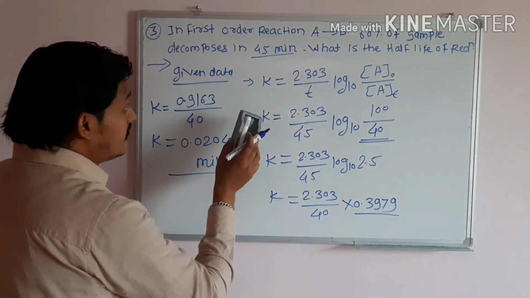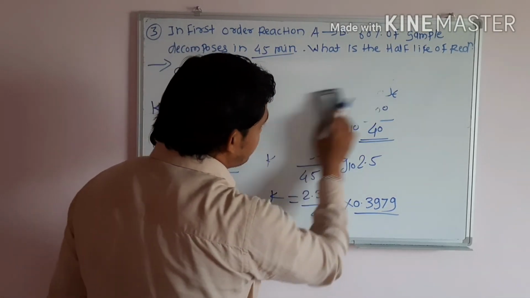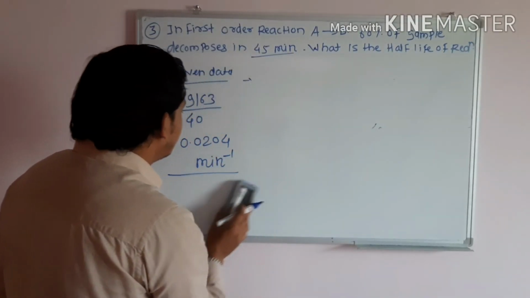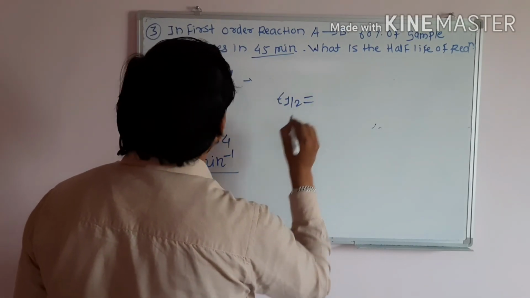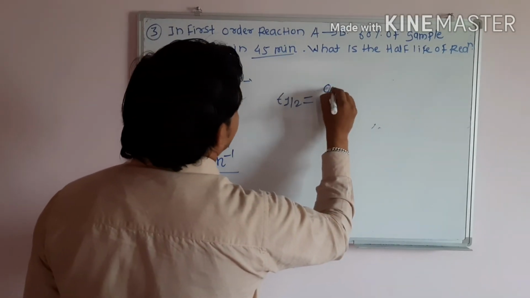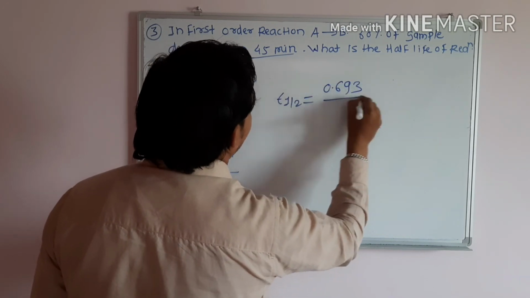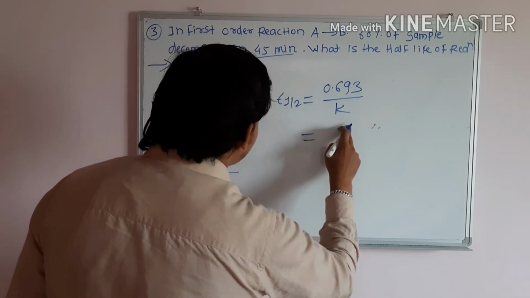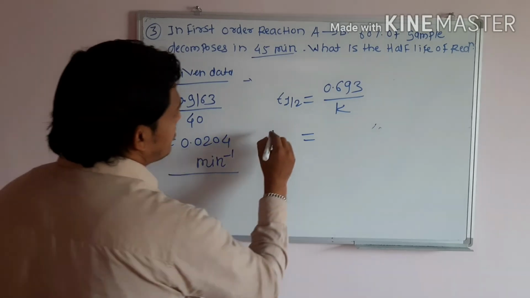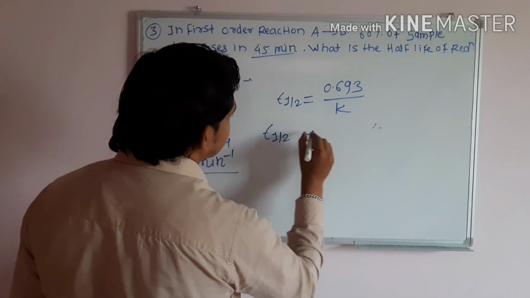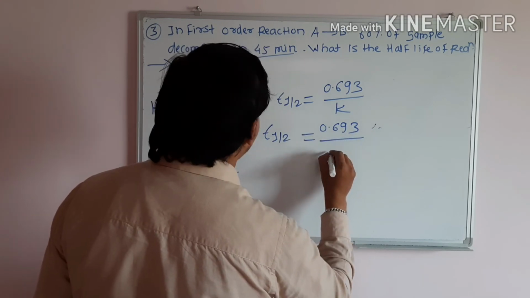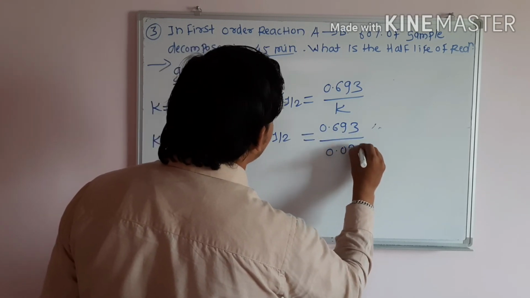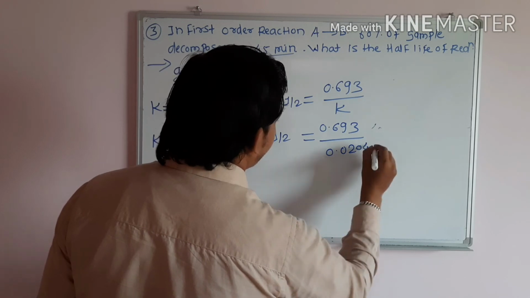Another thing, we have to calculate the half life for this reaction. So what is the formula for half life? t1/2 is equal to 0.693 divided by k. Now this is the value of k. So t1/2 is equal to 0.693 divided by 0.0204 per minute.